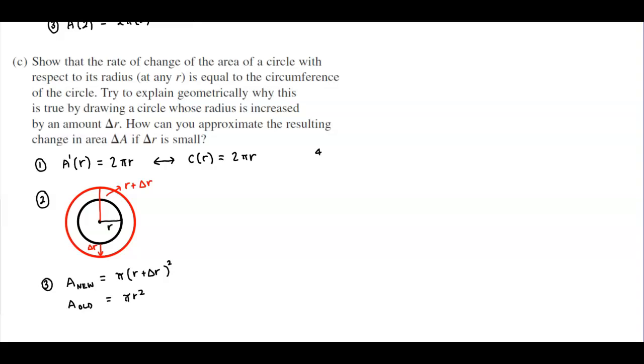So what we want to find is the change in the area, and the change in the area is taking the area of the new and subtracting the area of the old. And so the area of the new is pi times r plus the change in r squared, minus pi r squared.